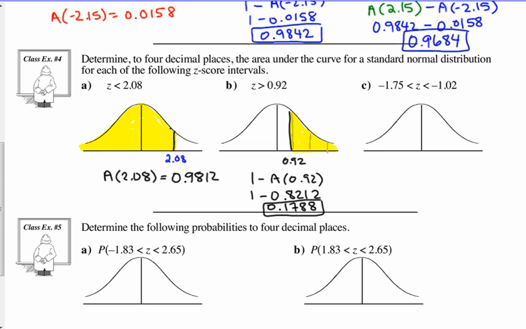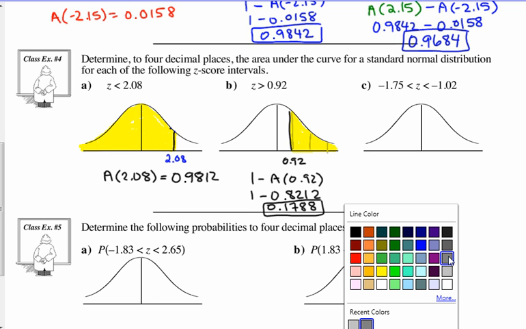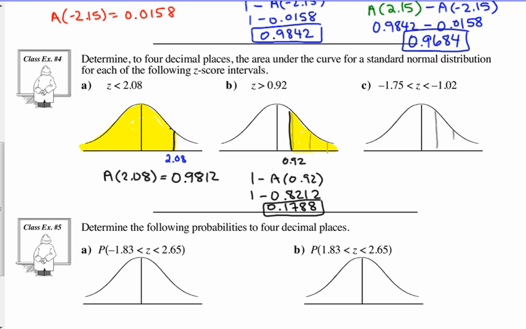All right, next question. Area between negative 1.75, so I'm just going to grab, if you have a pencil, you can just do this lightly. So here are our 3 bars, 1, 2, 3, 1, 2, 3. This will help me sketch.